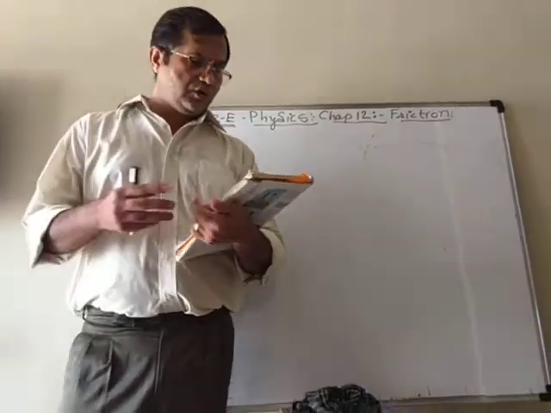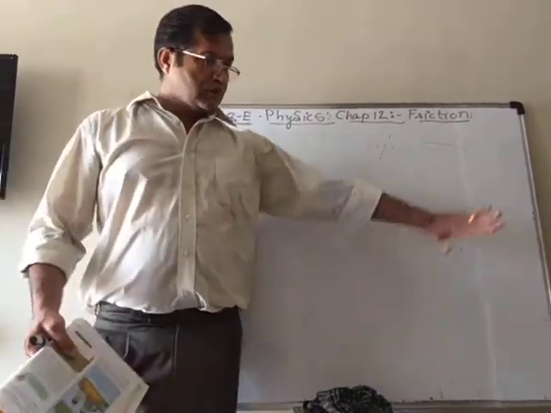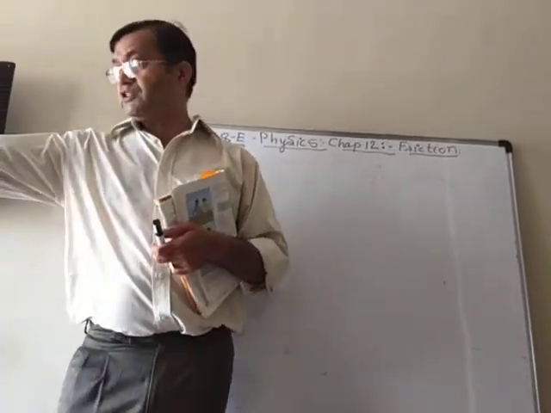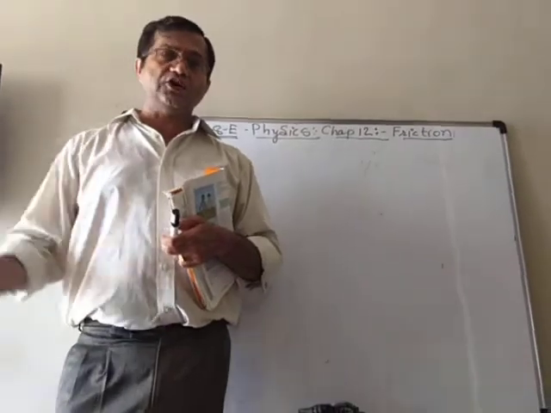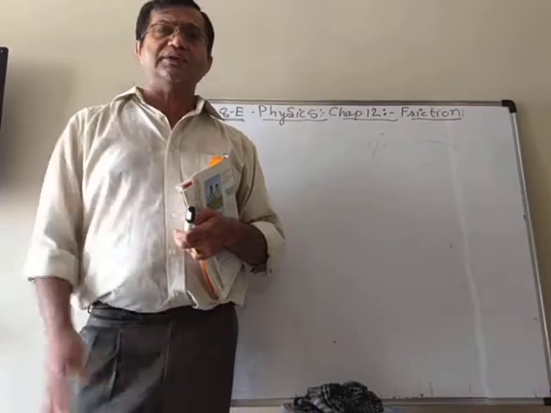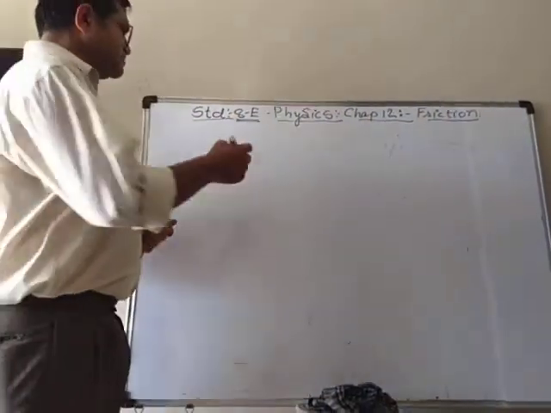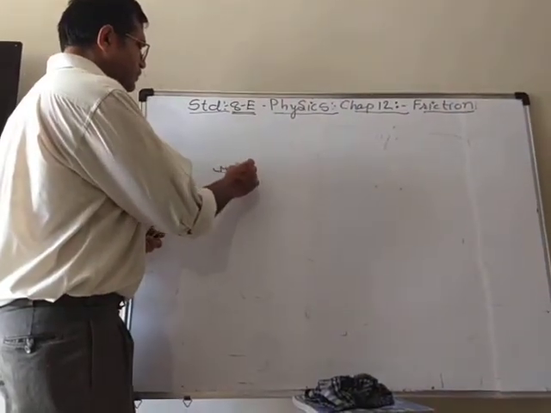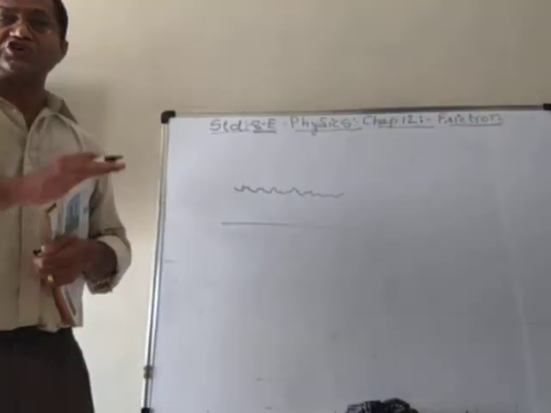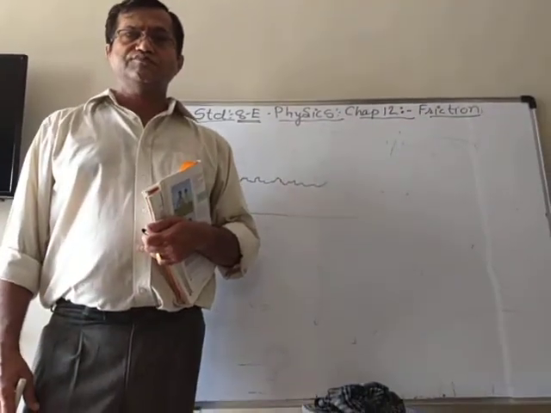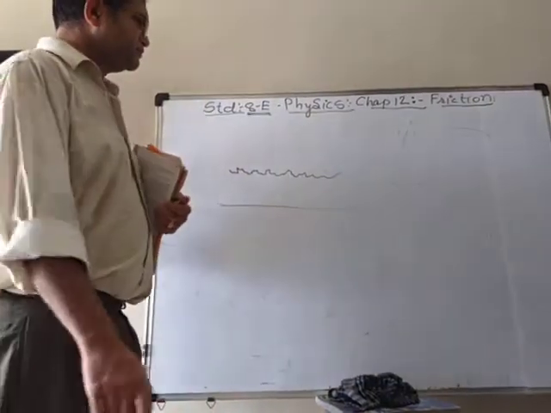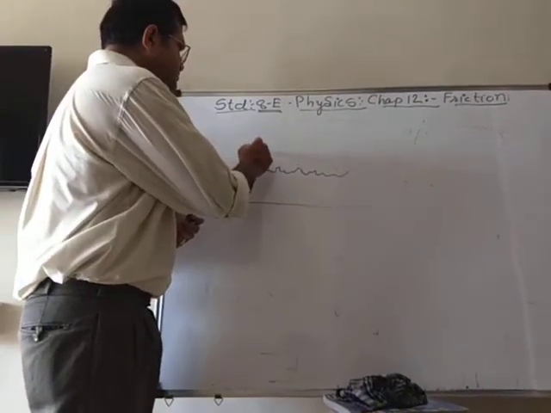When you move your hand on the floor, like on the soil outside your house, you will feel so many irregularities. It is not a straight surface. There will be ups and downs. These are called irregularities.